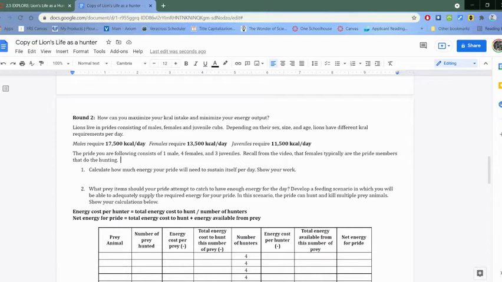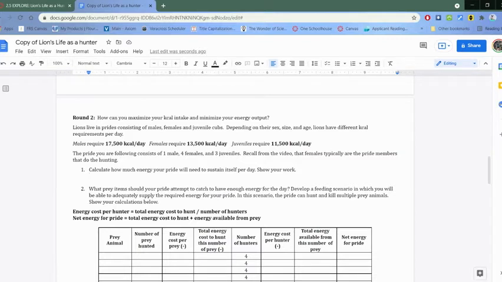Males require 17,500 kilocalories per day. Females require 13,500 kilocalories per day. We saw that above. And juveniles, or young lions, require an average of 11,500 kilocalories per day. First thing we need to do is calculate how much energy our pride would need to sustain itself per day and show our work.